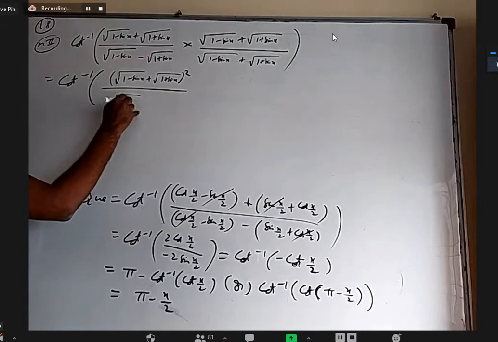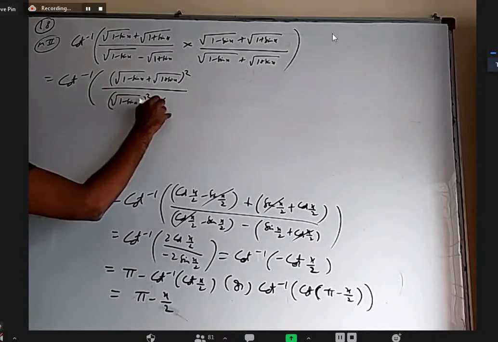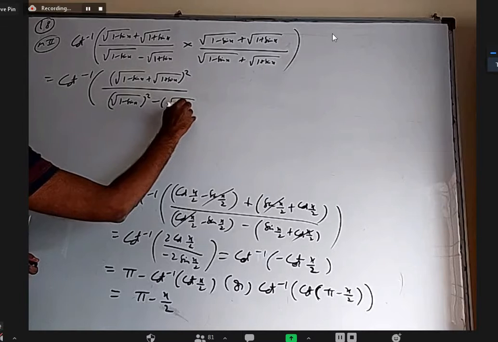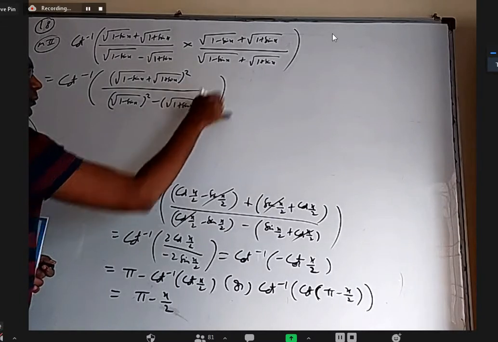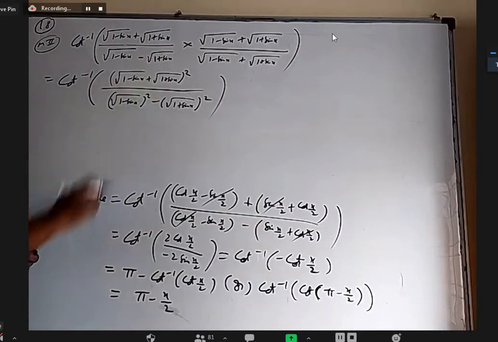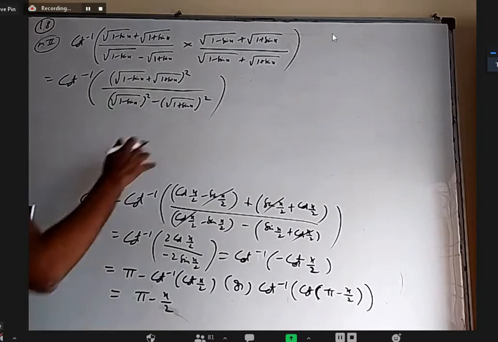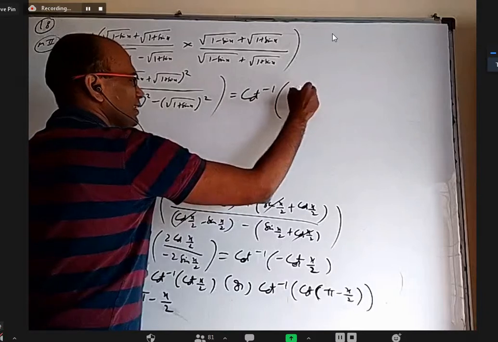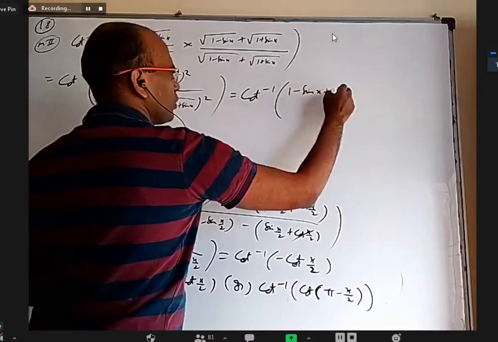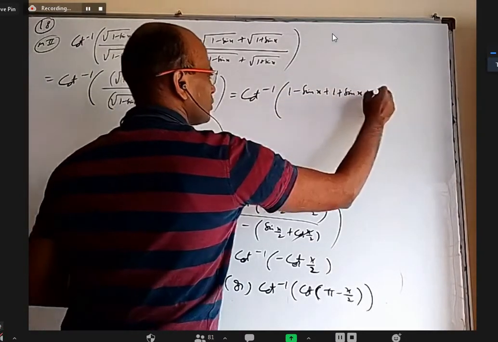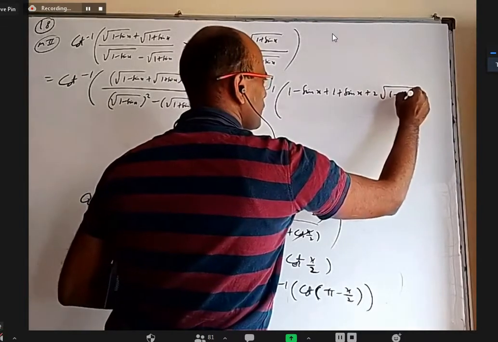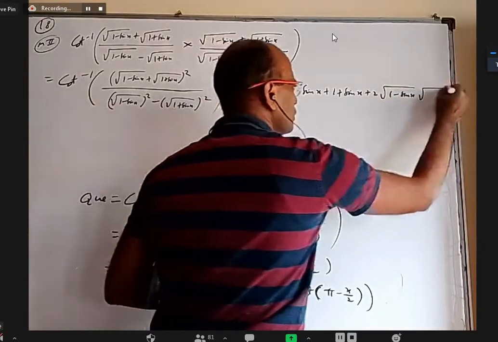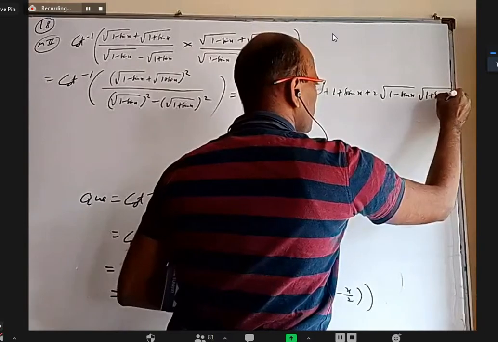The denominator is root of 1 minus sin x whole square minus root 1 plus sin x whole square. A plus b whole square is a square plus b square plus 2ab. So I will get cot inverse of 1 minus sin x plus 1 plus sin x plus 2 root of 1 minus sin x into root over 1 plus sin x.